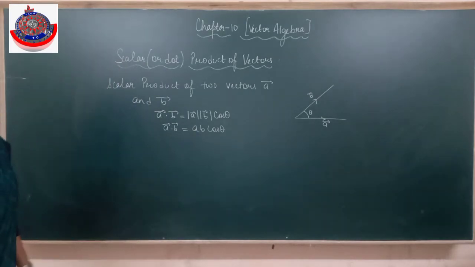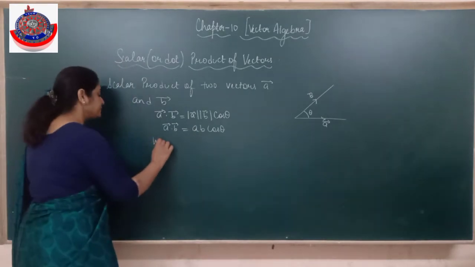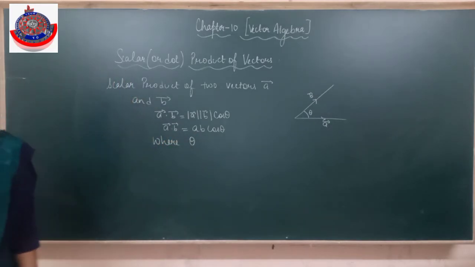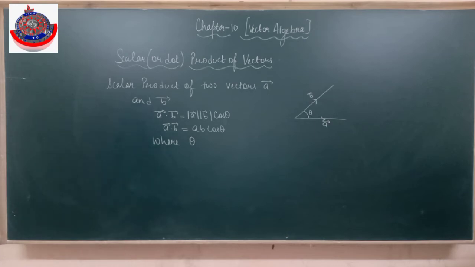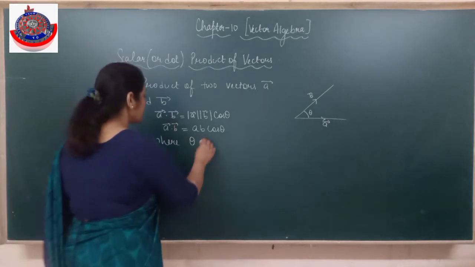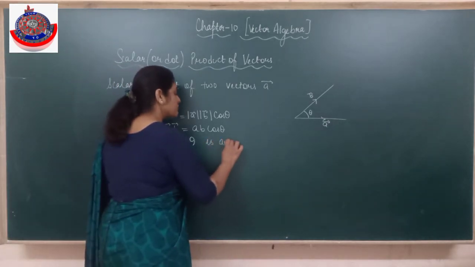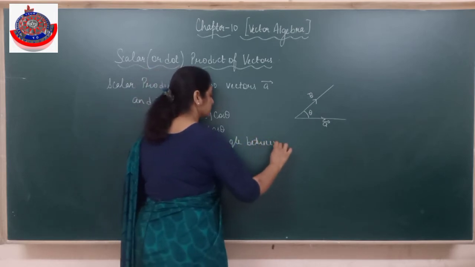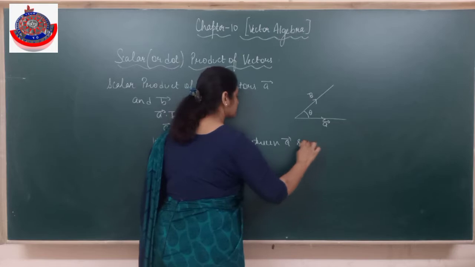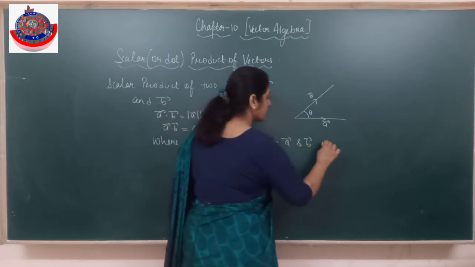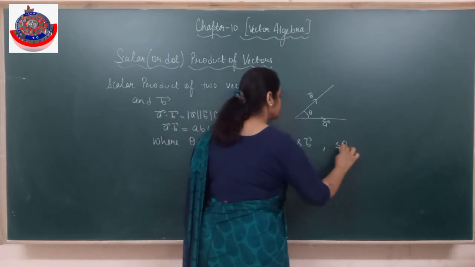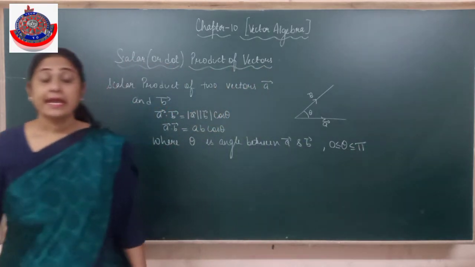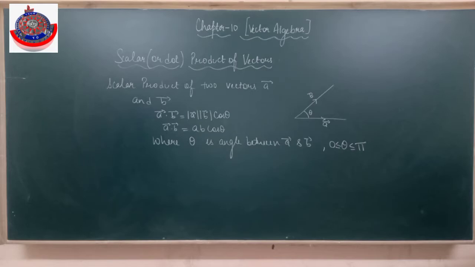Where theta is the angle between a and b, and it lies between 0 to pi.